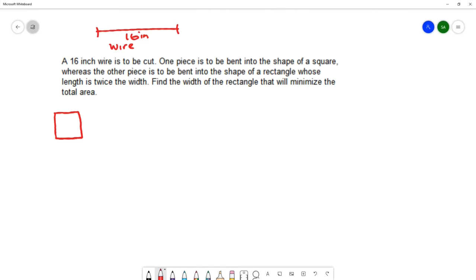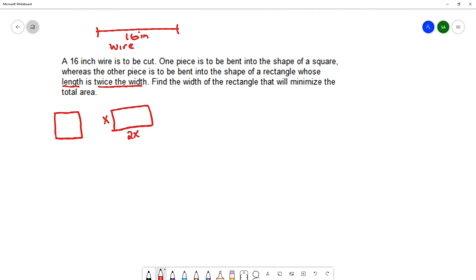And then we're also told that we're going to have a rectangle. And for the rectangle, the length is twice the width. So if I allow, say, the width to be x, the length will be 2x.